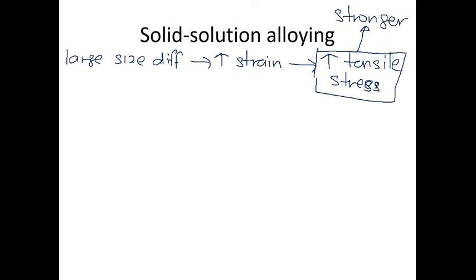To have a clearer understanding of the statement, we look at the graph here. The X axis is the percentage or concentration of the solid, for example this is 10, this is 20.